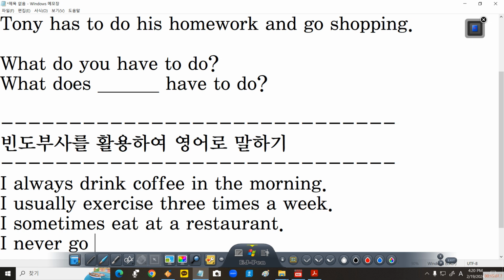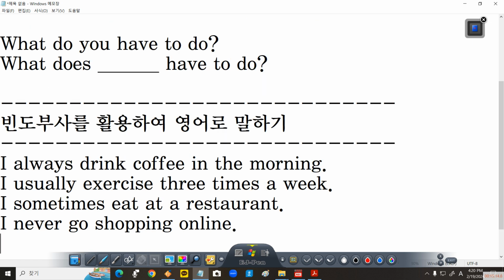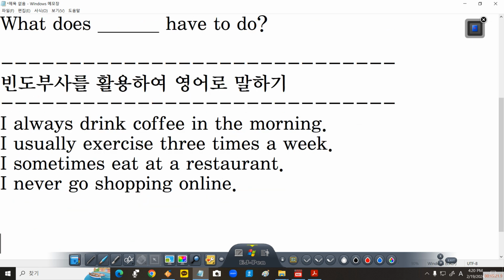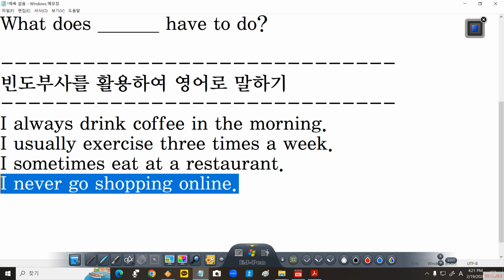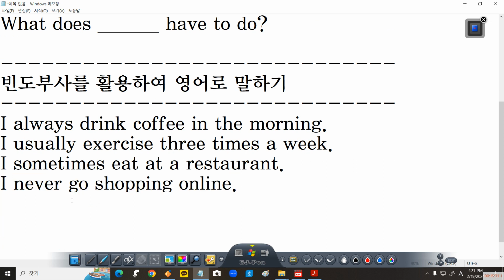I never go shopping online. 온라인으로 쇼핑을 절대 하지 않는다. 선생님은 직접 가서 사는 것도 있지만 그렇지 않은 것도 있어요. 온라인 쇼핑하죠. 말하기 연습이기 때문에 꼭 자기가 하지 않는 거라도 한번 해보는 것도 괜찮아요. 연습이기 때문에 이게 거짓말하는 게 아니니까 아시겠죠?